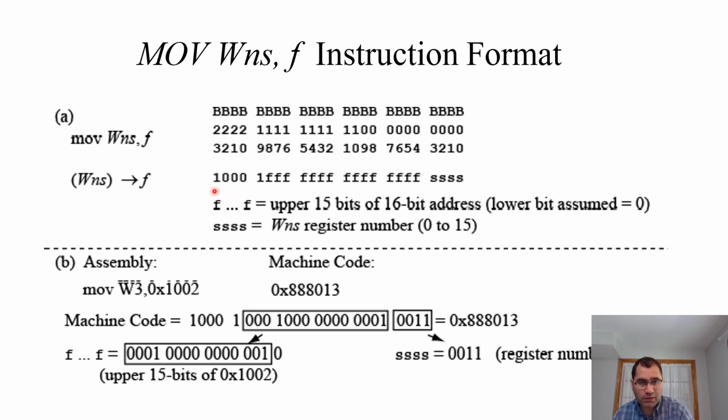We have 1000 here and then 1 here, and we don't change anything there, since that indicates which instruction we are using. Then we have a bunch of Fs, and F indicates the address of the file register, or data memory.